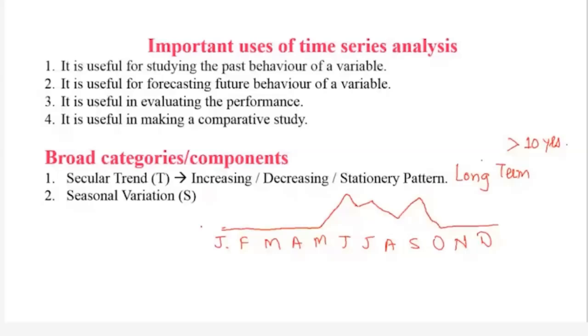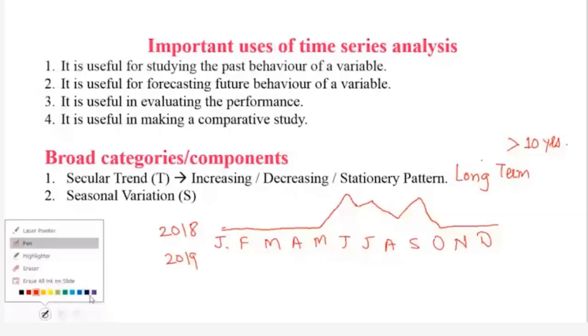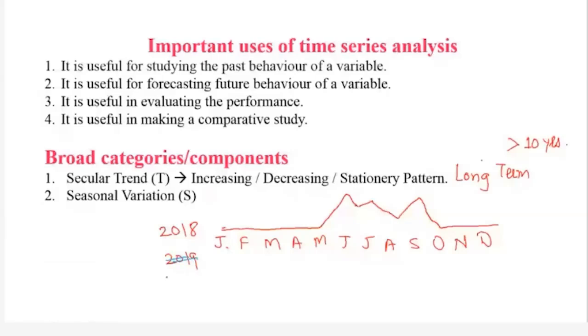Let's say this is 2018. 2019 also will have almost the same, not exactly the same, but a similar graph. Let me draw it with a different color so that you can compare also. Blue color I am showing 2019. In 2019 also it may be less.